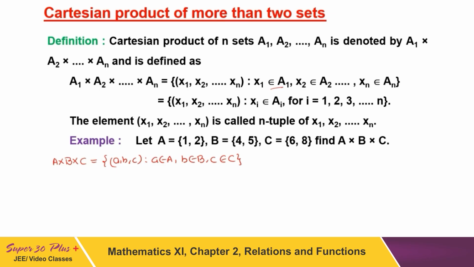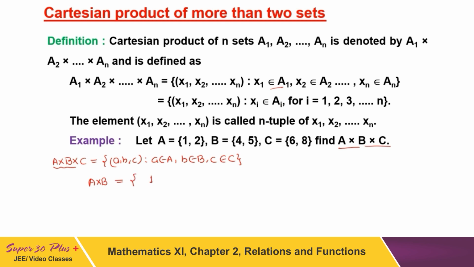Okay. Now students, one more thing. How do we find the Cartesian product if sets are given like this? First of all, if you want to find the Cartesian product A cross B cross C, then you can find either A cross B or B cross C first, means this side, or you can say this side. What will be A cross B?